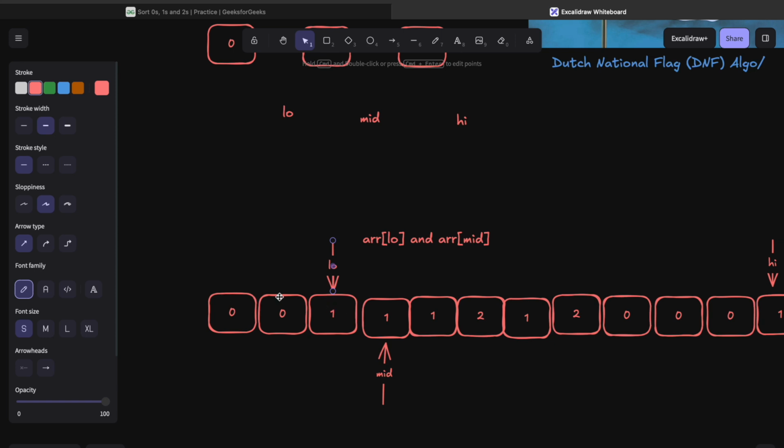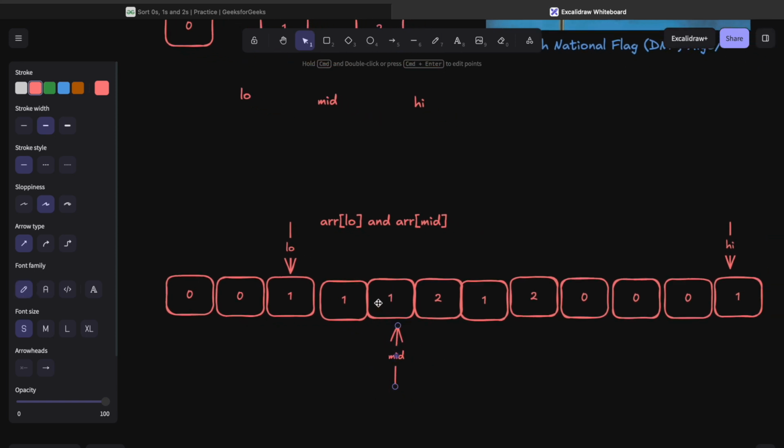This was the reason why I had initially moved it. Low will be maintaining the just end position, so if I ever find any zero, I can just directly swap it here, right? Now I can move this forward also. Since this is a one, I will move it forward again.